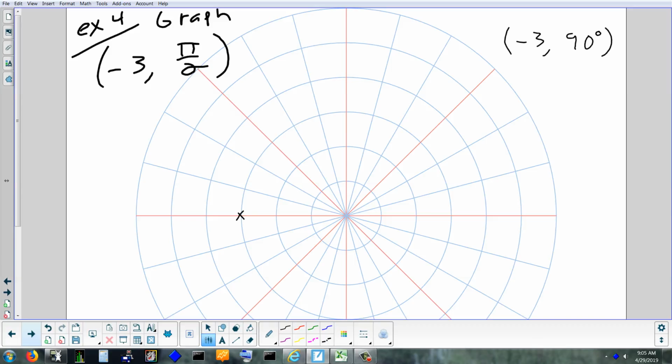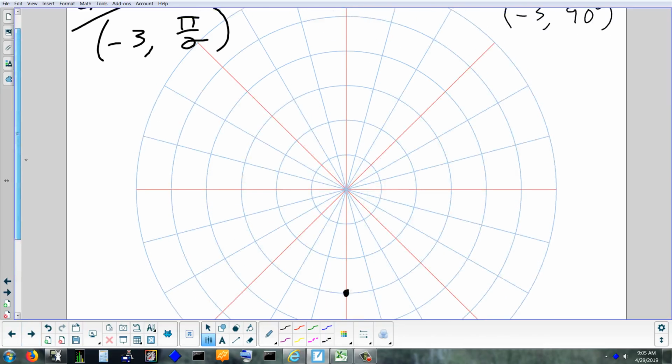Which way? Right. Remember, your angle is a circular movement. Counterclockwise, yep. So we're going to go 90 degrees counterclockwise. So that would bring me right down there. And that's the answer for that one.